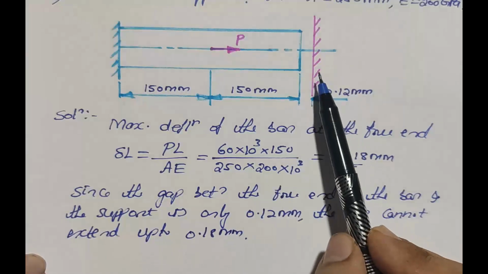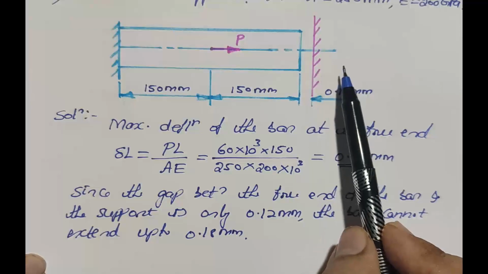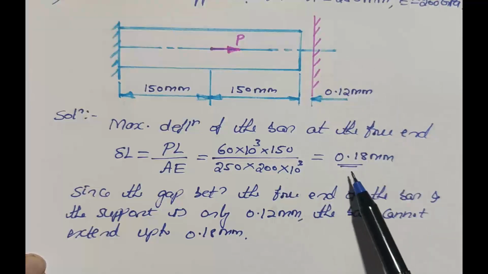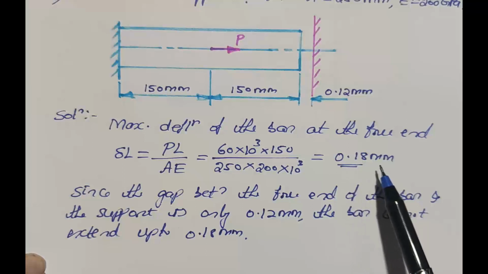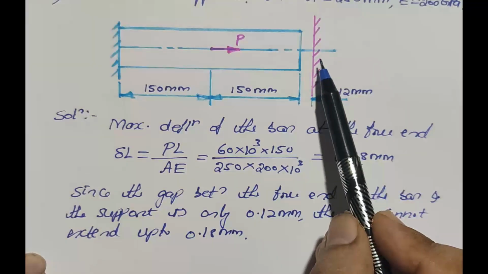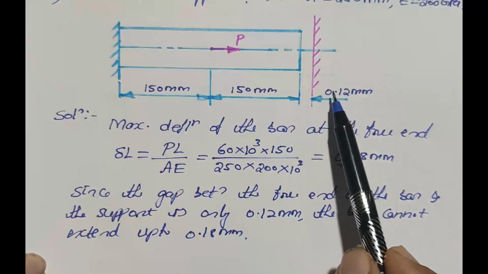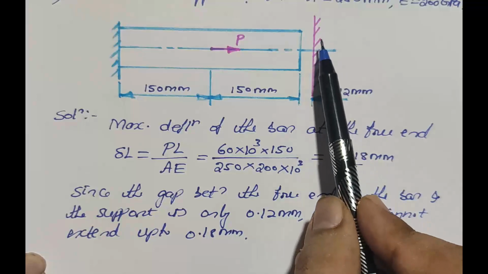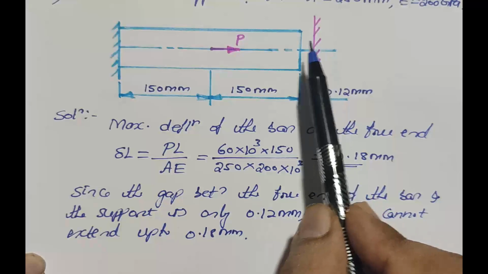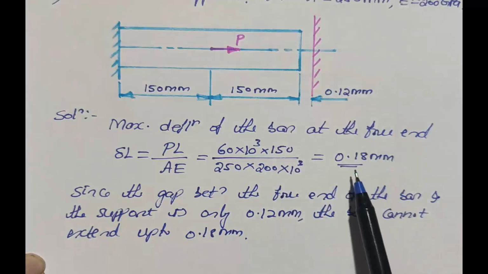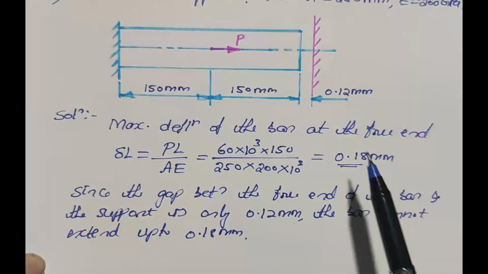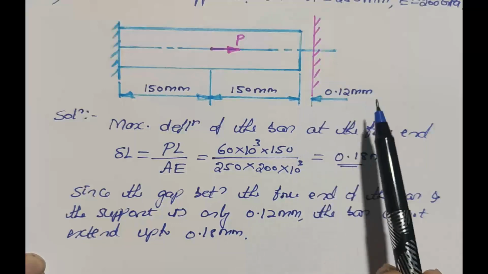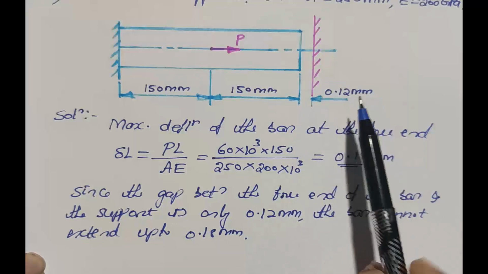See here, if this support is not there, then the bar will expand up to 0.18 mm. Since there is a support at a distance of 0.12 mm, this support will not allow the bar to expand up to 0.18 mm. So the maximum tip deflection of the bar is only 0.12 mm.